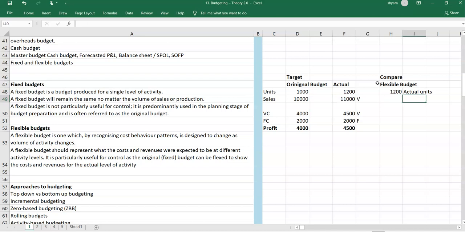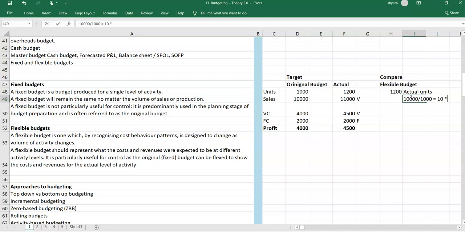So how do we take it? It is the per unit figure, the selling price per unit, I think that would be correct. The selling price per unit would be 10,000 by 1,000, right? So the selling price per unit is 10.